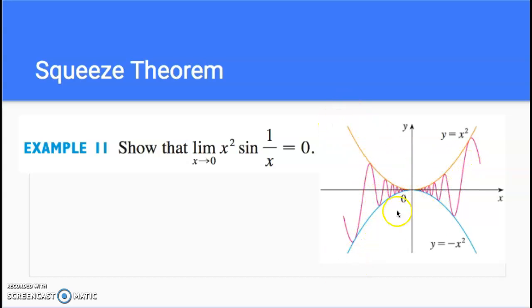We do know these parabolas. And we know that at 0, the limit of this top parabola is 0, and the limit of this bottom parabola is 0 at 0. And if the pink function, this crazy sine wave, is squeezed between them, then it must also have a limit of 0 at 0.